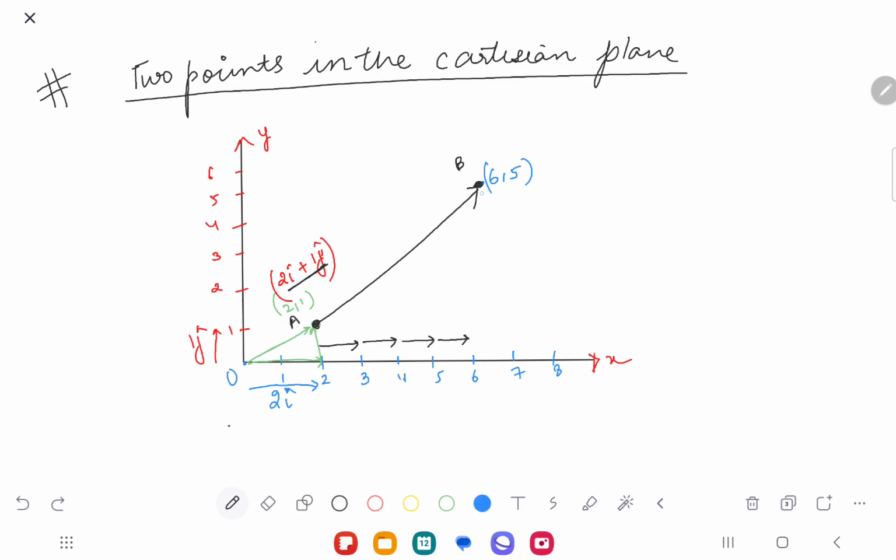And along the y axis, how many j caps do you have to move? 1 j cap, 2 j cap, 3 j cap, 4 j cap, 5 j cap. Yes or no? But if you look at the starting point of A, we have to effectively move only 4 j cap.